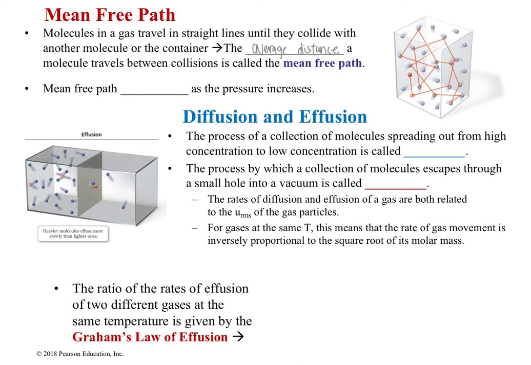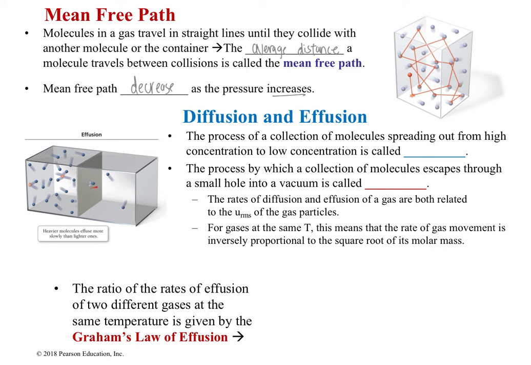So as we increase our pressure, we're going to have more molecules hitting into the surface, so that means that the mean free path is going to decrease. So if I have lots and lots of molecules, then it's going to be more likely that I hit into things. If I lower the pressure, I have fewer molecules hitting into the surface, so it's going to be less often that they hit into each other.